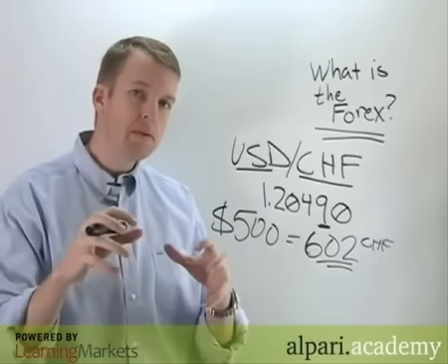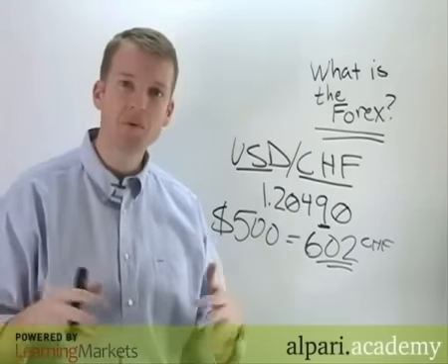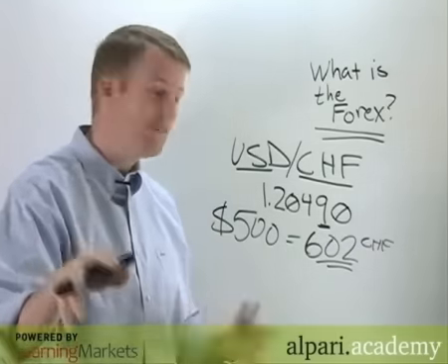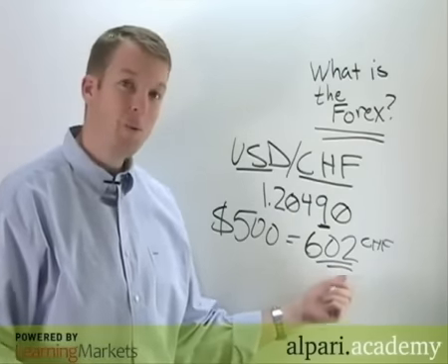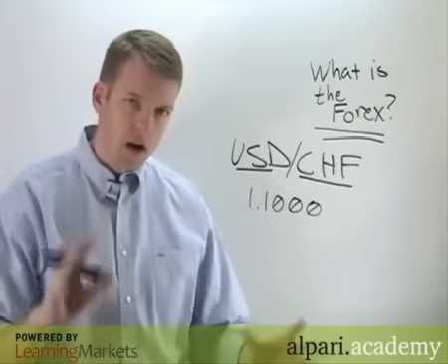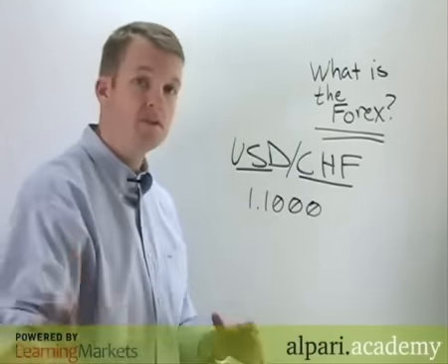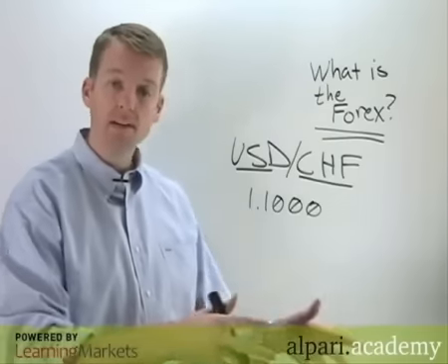Now let's take a step back and talk about what happens at the end of the summer, when we've decided to leave our vacation and go home and we haven't spent any of our spending cash. So we still have these 602 francs. It's now time for our vacation to end, and we still have those 602 francs in our wallet, and we're looking to exchange them back into dollars.